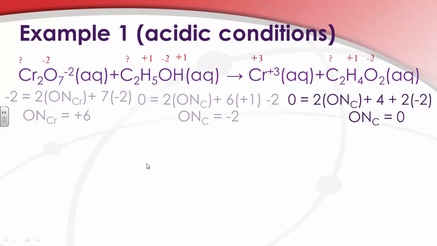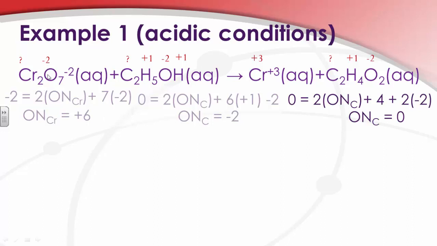Each atom's accepting 3 electrons. Carbon's going from -2 to 0. It's giving up 2 electrons. And we can immediately see that there's a bit of a problem here. Things aren't balancing out very well. So what we do to balance this is we involve the subscripts.